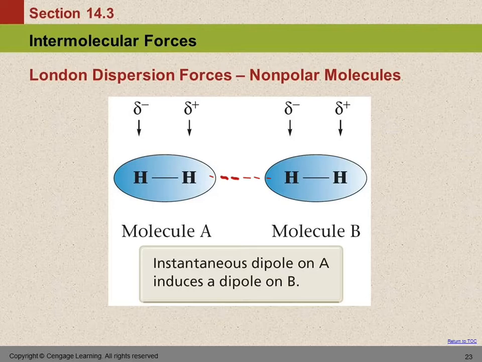But then the first atom regains its equilibrium, you could say. It goes back to being nonpolar. The electrons spread out again. And then this force goes away. And so these forces are very brief. They don't last very long. But they happen a lot. And so they do become significant.